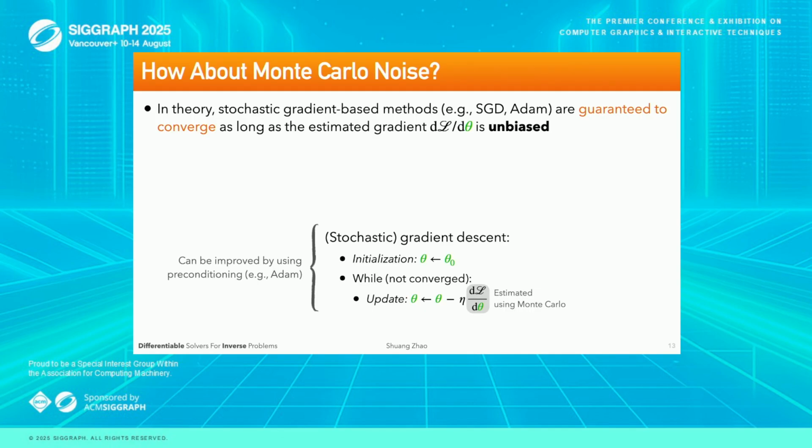Right? Monte Carlo solutions are noisy, so if we use Monte Carlo to estimate the derivative of the solution, it's going to be noisy as well. That's going to cause the estimated gradient of the loss to be noisy.